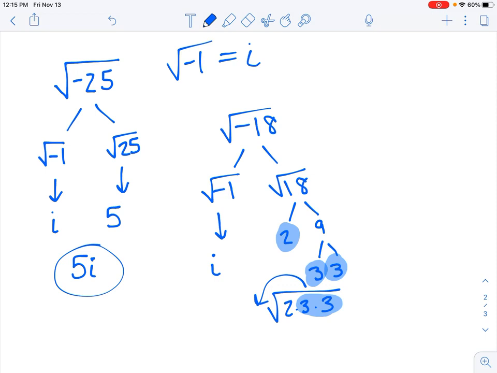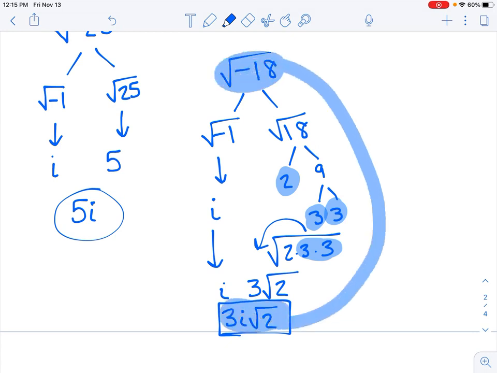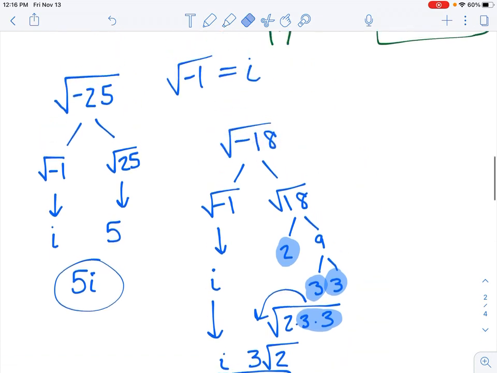Highlight the buddy pairs, the buddy comes out, and then we have to remember, keep bringing down that i. Once again, usually it's 3i root 2. That is just how we write them in our math classes. So this guy is actually equivalent to this guy, believe it or not. You can go back and forth between them.